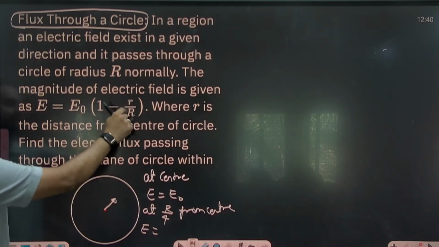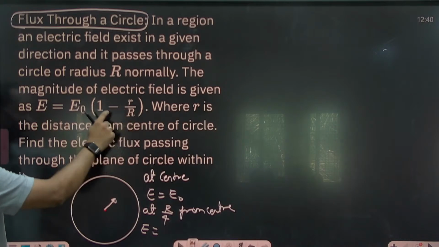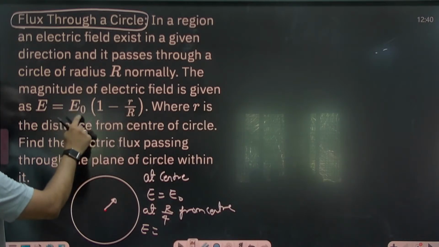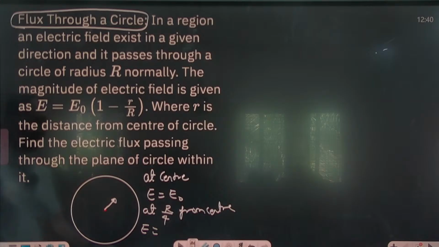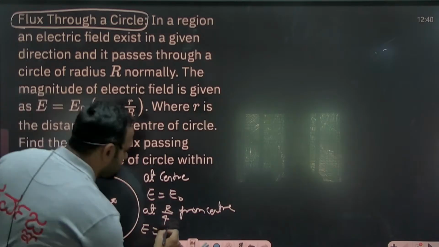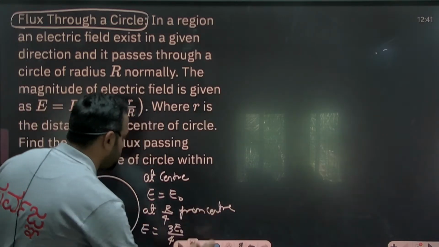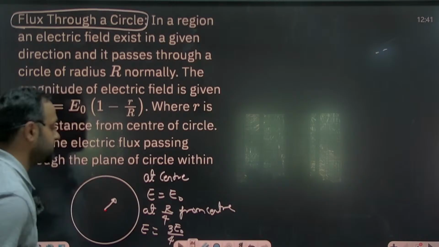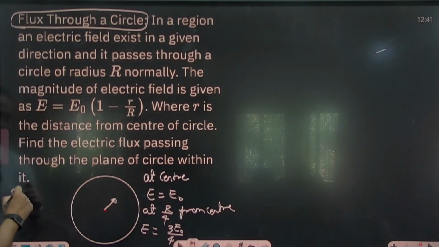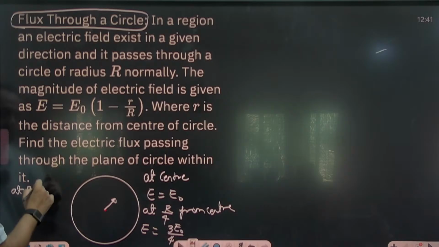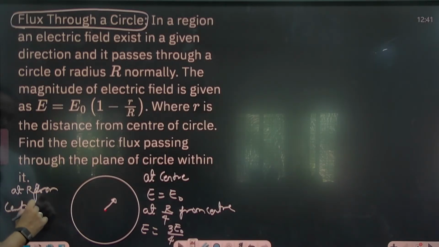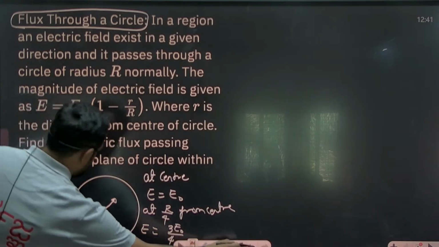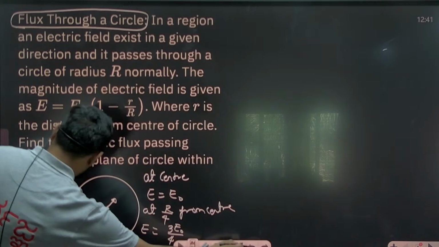So it is 1 minus 1 by 4, so this will be E naught into 3 by 4, that is 3 E naught by 4. What is the electric field at r equal to R? The electric field will be 0.